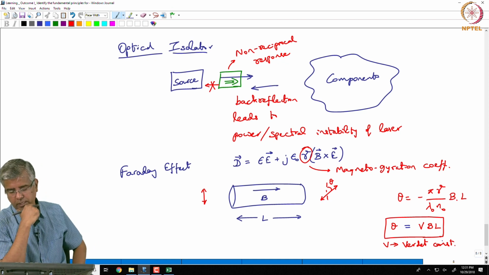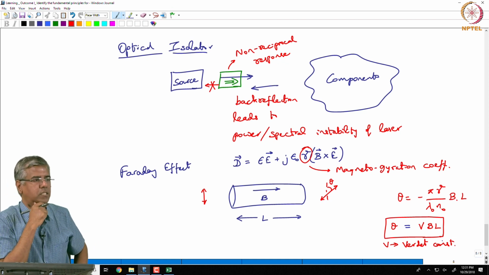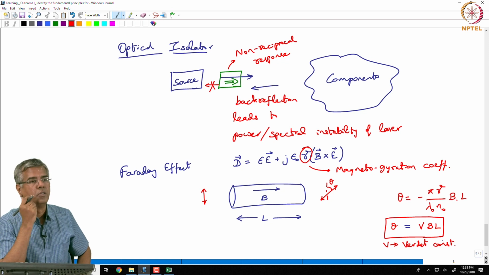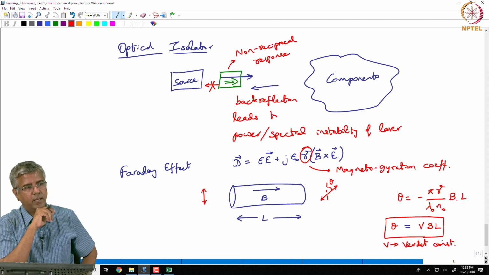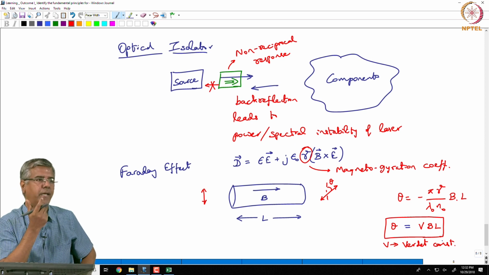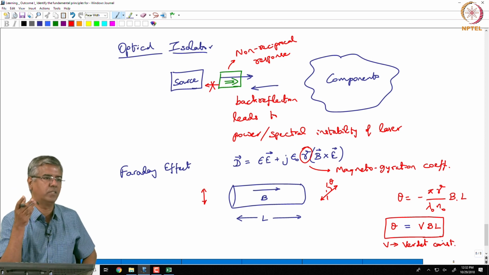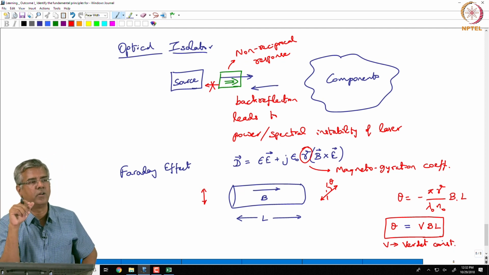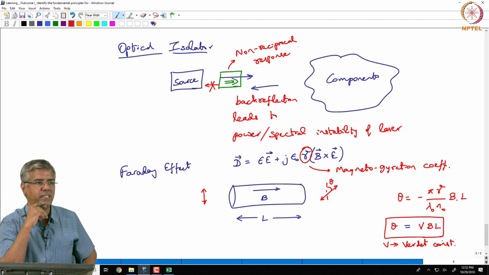So, in this case we are assuming that the B is constant. But this would be a good idea, right? If B is not constant, then you are talking about possibly modulating the polarization coming out of this material.